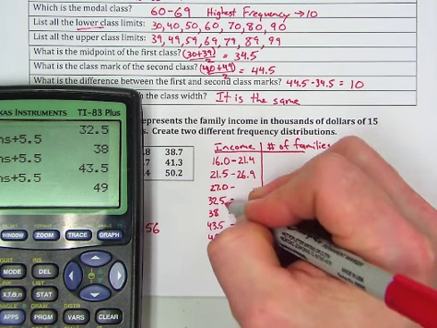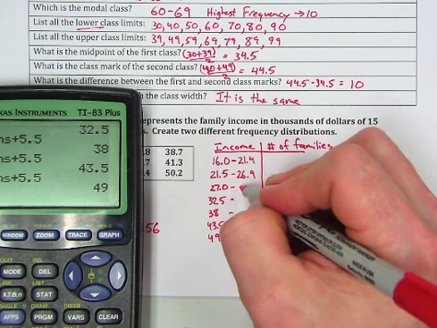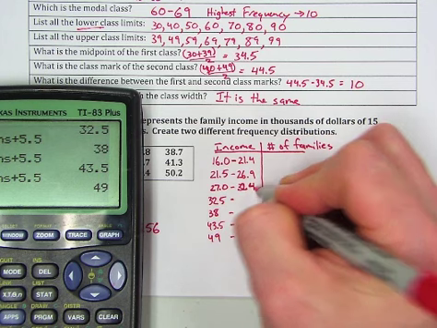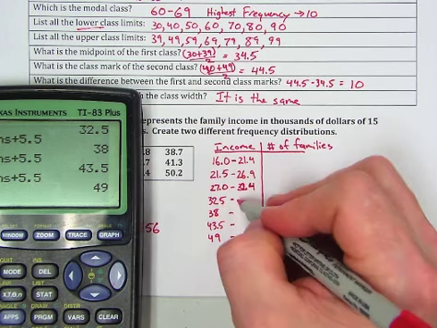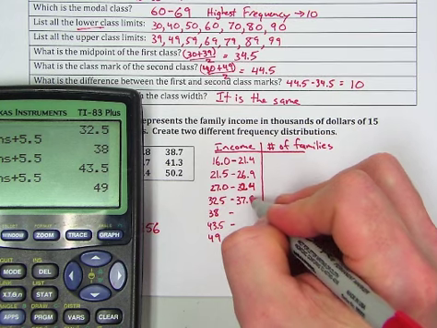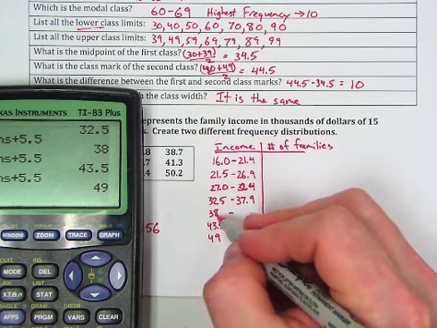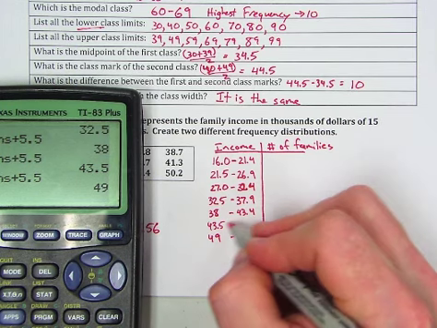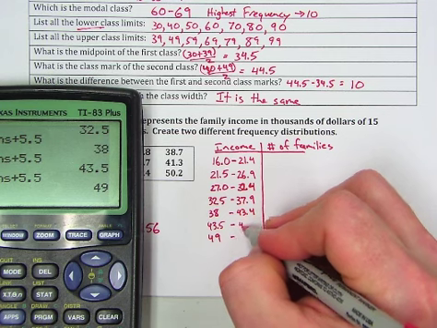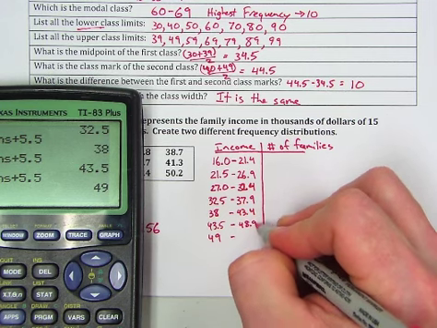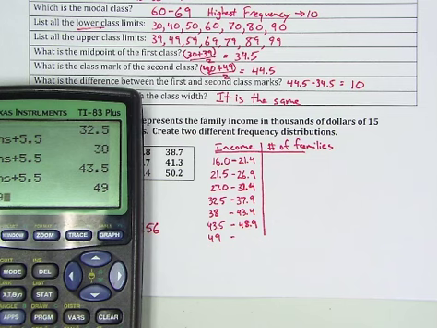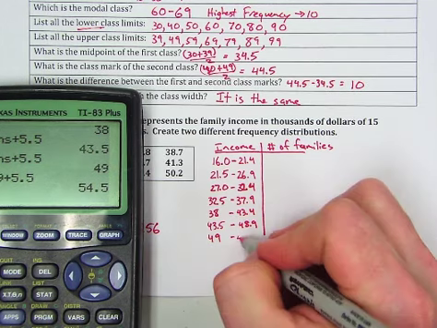Here 32.5 goes down to 32.4, sorry. 38 would be 37.9. 43.5 would be 43.4. 49 would go down to 48.9. Now this one we really can't go down, so we do need to add our 5.5. So 49 plus 5.5 is 54.5.